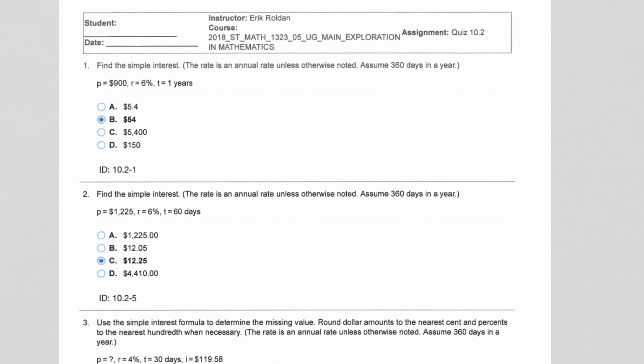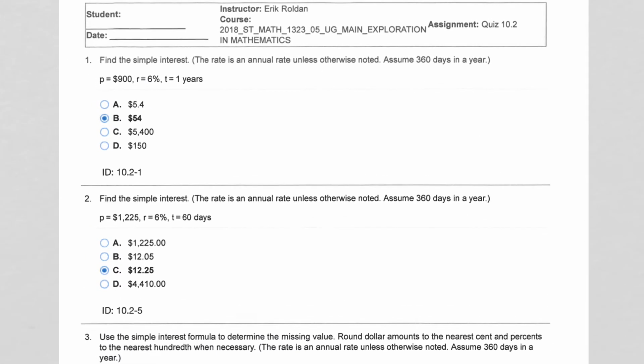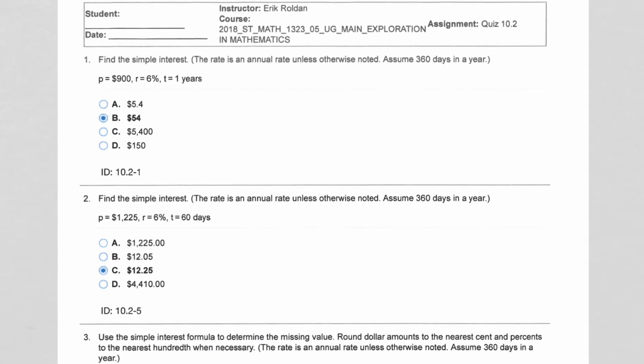Now we're going to get into simple interest in 10.2. So find the simple interest. And remember that the banker's rule, this is the banker's rule, okay? Not 365, but 360.